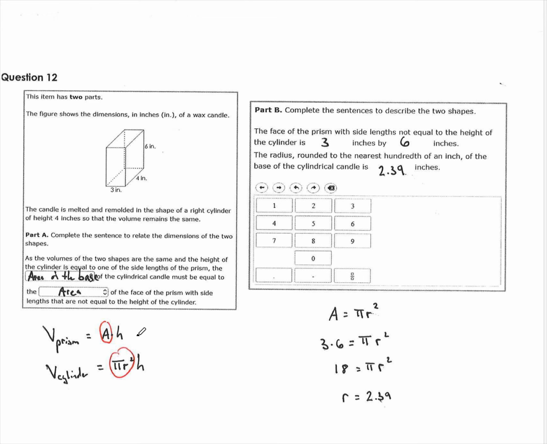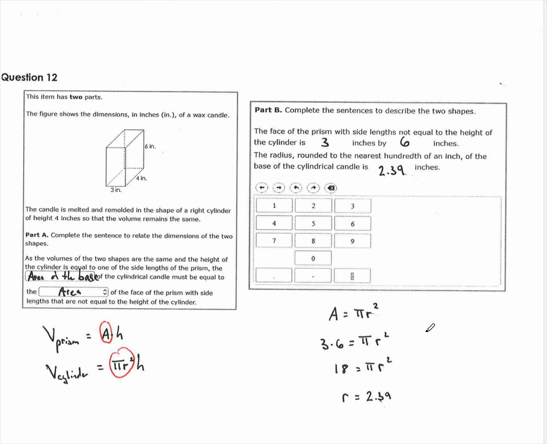We know the volume is the area of that one face times height, or the volume of a cylinder is pi r squared times h. In this particular case, they want the height of this cylinder to be 4. So the height of our prism is going to be 4, and the base is 3 by 6.